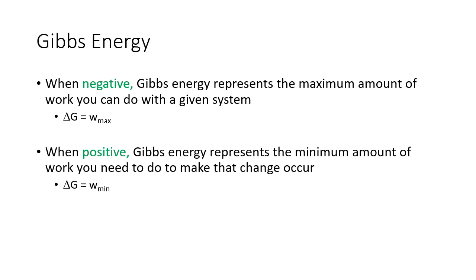So delta G is then equal to W max. But, and this is the reason why I prefer to call it just Gibbs energy, not Gibbs free energy, when the Gibbs energy is positive, it represents the minimum amount of work you need to do to make that change occur. So delta G will equal W minimum when Gibbs energy is positive.